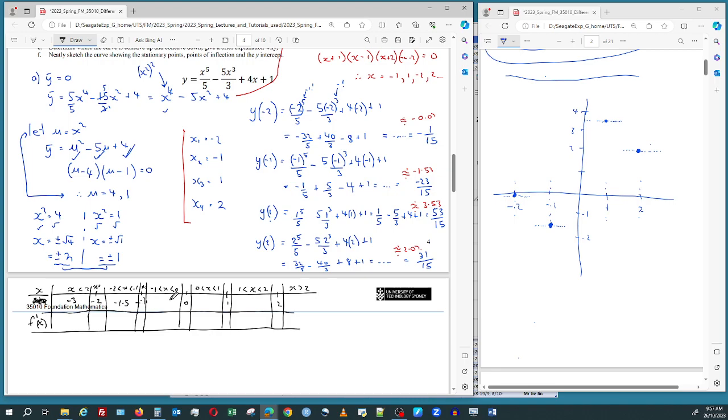There we've got -1. Here we've got, say, maybe -0.5. 0 we can check. 0 to 1, maybe we'll check a half. 1 we want to have a look at. Maybe 1.5, and something greater than 2, 3. So we can put all of those into the function notation of the derivative.